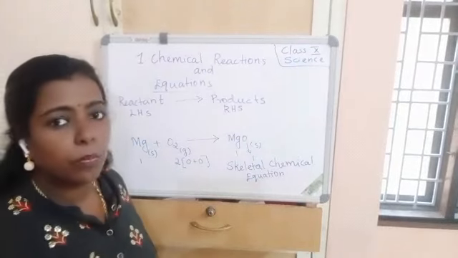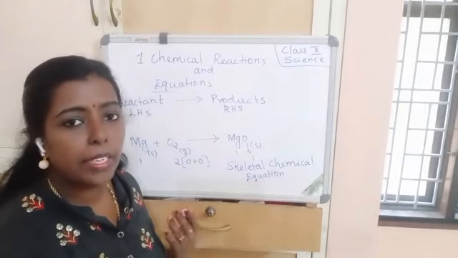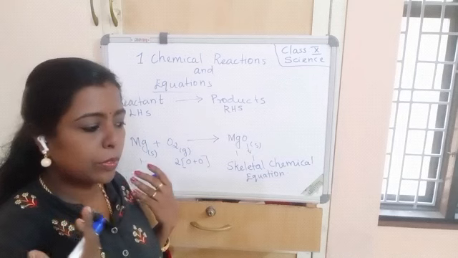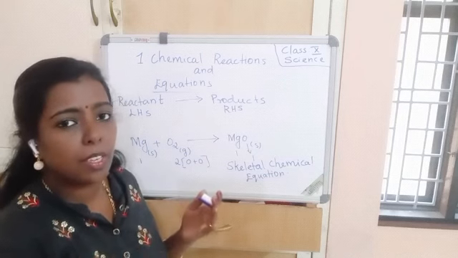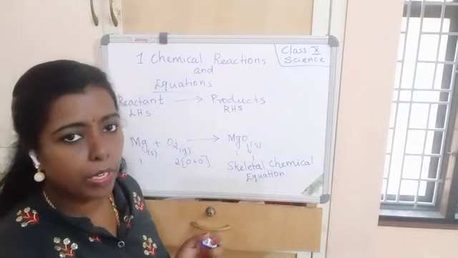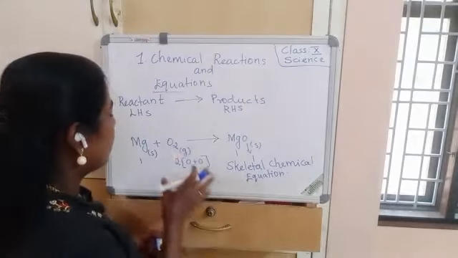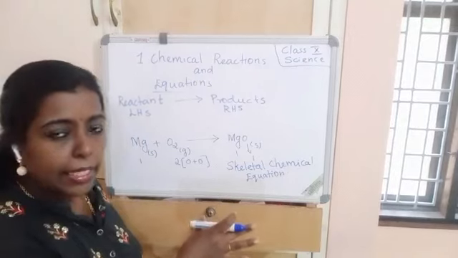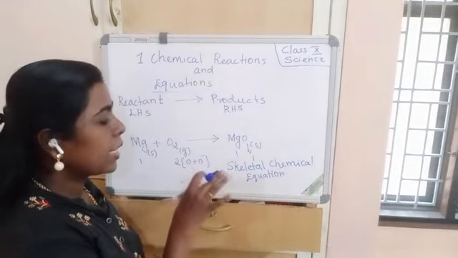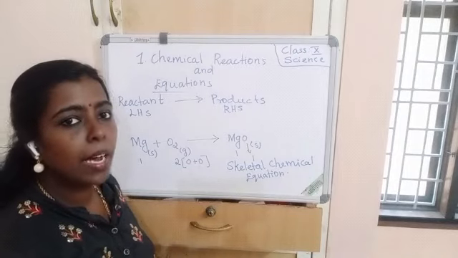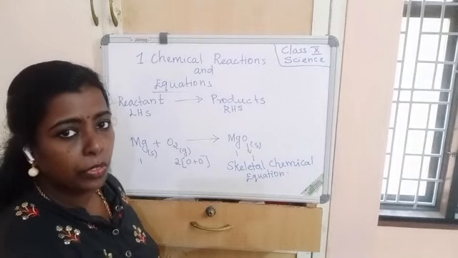What is skeletal? If our body is without tissues, flesh, blood and organs, we call it the skeleton of our body. Like that, a chemical equation without balancing is known as a skeletal chemical equation or unbalanced chemical equation.